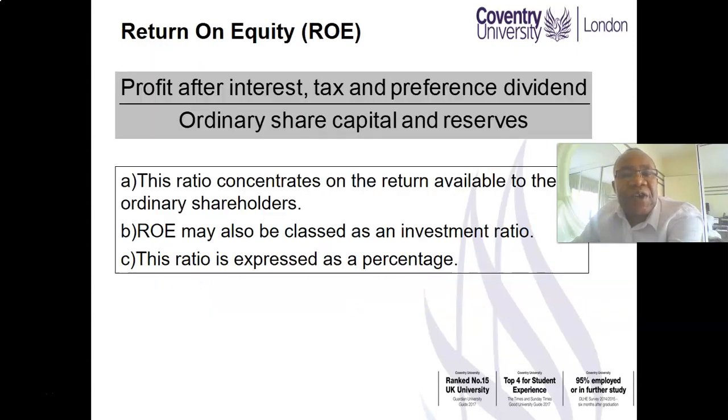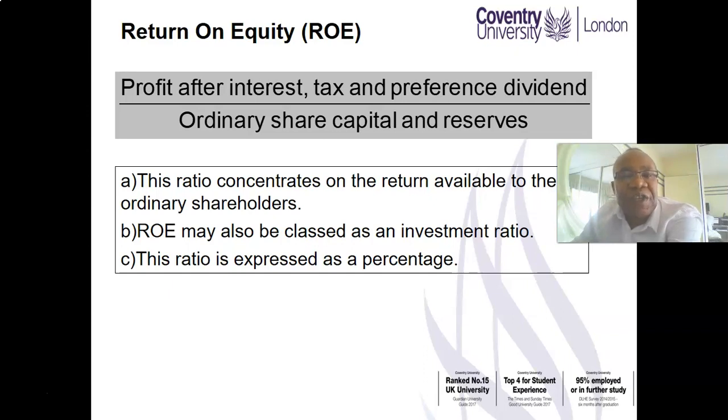The next ratio calculation under the profitability ratios is return on equity, ROE. Now, of course, this focuses mostly on equity providers. Because the focus is on equity providers, we take the profit that is available for distribution to the equity shareholders.